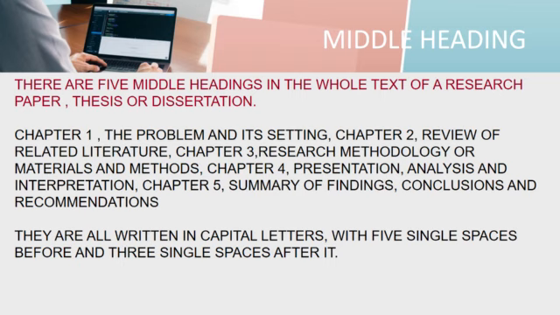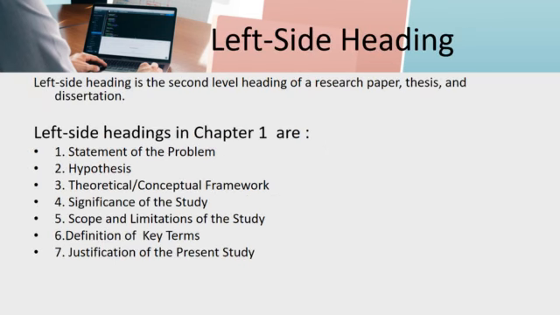The 5 middle headings are Chapter 1, the problem, rationale, and background; Chapter 2, related literature review; Chapter 3, methodology for descriptive research, materials and methods for experimental research; Chapter 4, results and discussions; and Chapter 5, summary of findings, conclusions, and recommendations. Next is the left side heading.